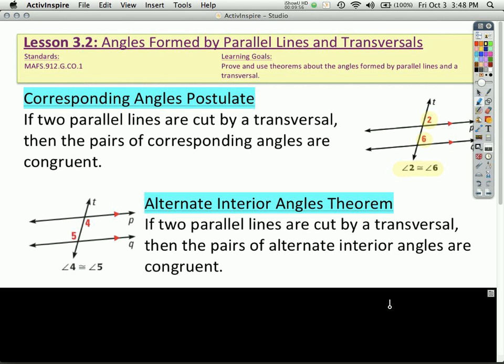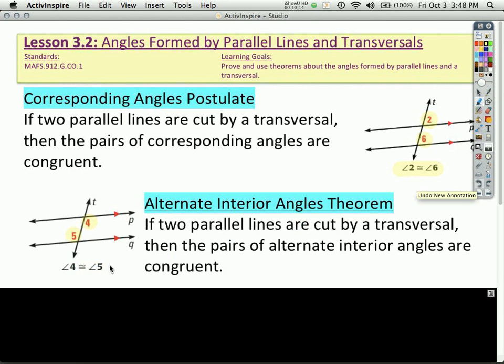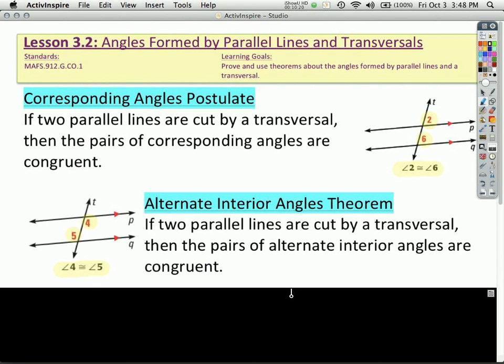But now when the lines are parallel, we can not only just identify them, but we can now say that if the two lines are parallel, alternate interior angles are congruent. Anyone have any questions about that? Any questions about that? You can imagine what's going to happen next, for the most part.